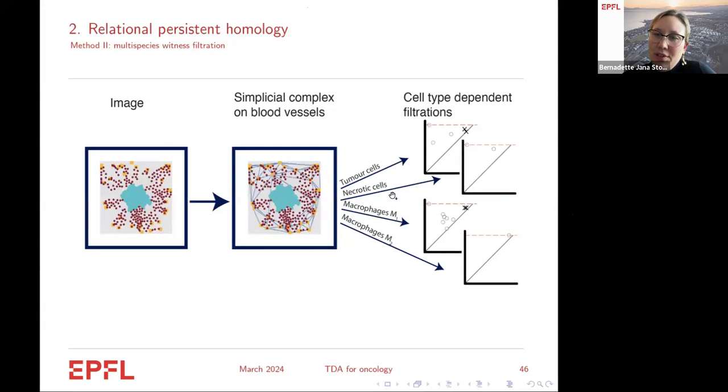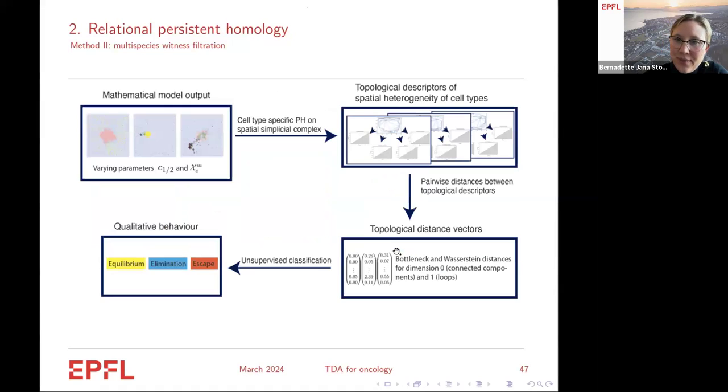We then produce different filtrations for the tumor cells, necrotic cells, macrophages of type M1, and macrophages of type M2. We do this for each image, so we produce 4 different filtrations for each image. We then take pairwise distances between the persistence diagrams. We use the bottleneck distance and Wasserstein distances for dimensions 0 and 1.